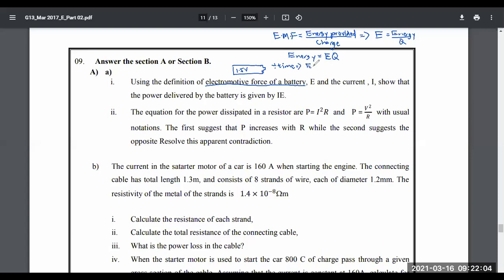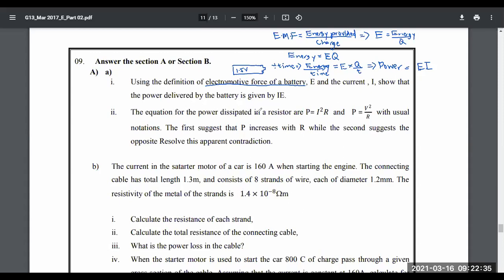Energy released divided by time is power, and on the other side E times charge by time. Charge divided by time gives current, I. The amount of charge flowing per unit time is what you call current. So EI is the equation. We have derived it, a small derivation.